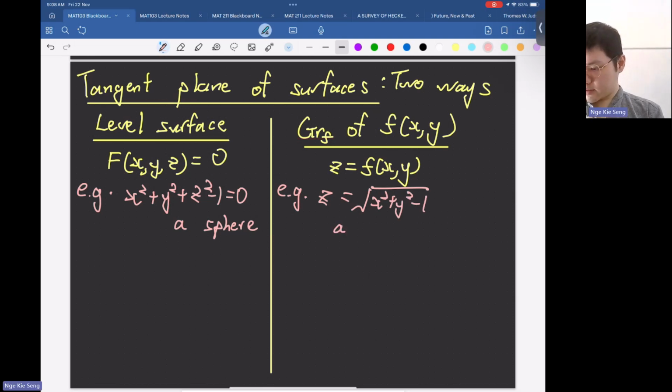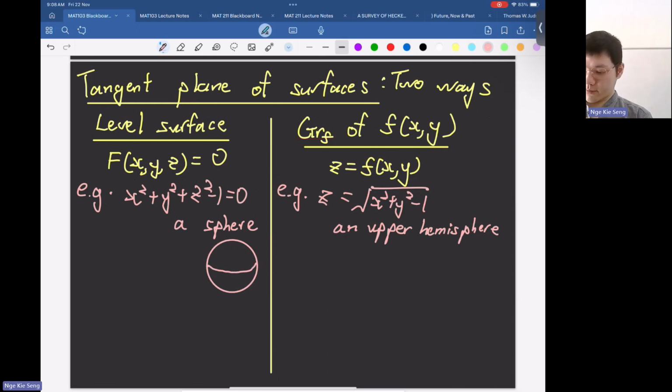So what's the difference between these two descriptions? How to draw a sphere? It's like a vacuum ball. But a hemisphere is just the top part here.